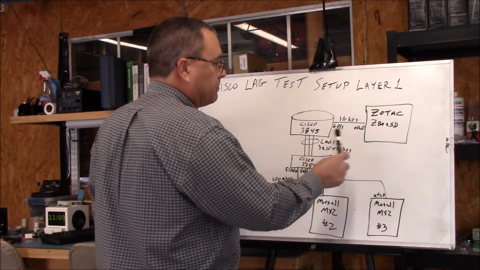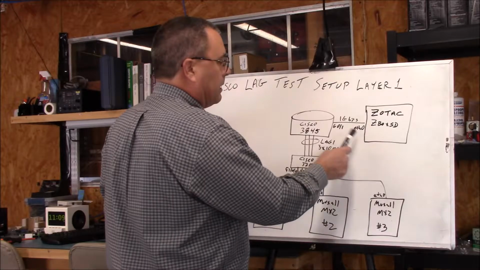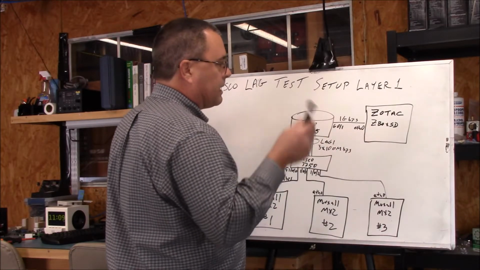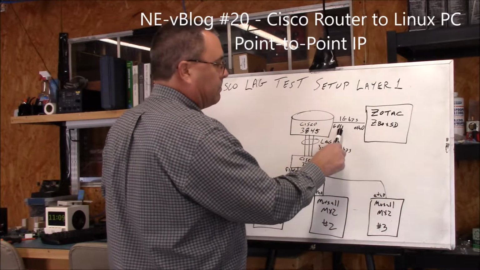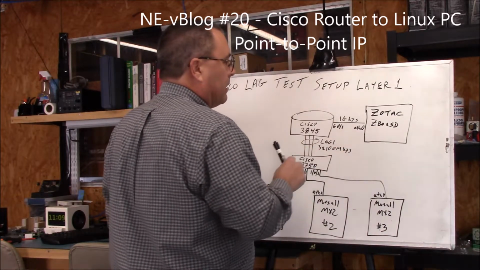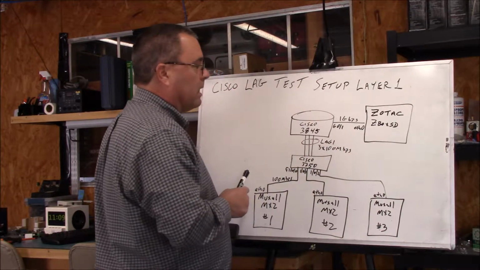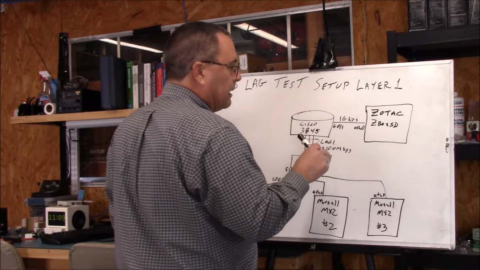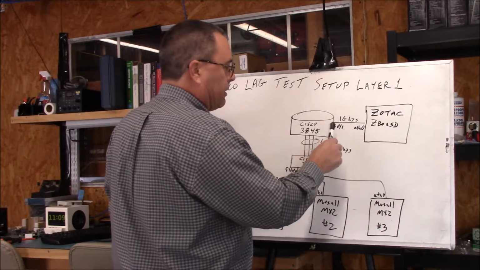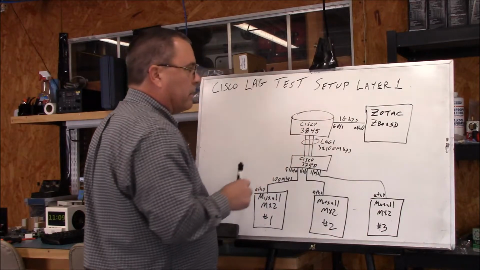And then the last layer 1 device we've got here, and there's actually another video setting this up, is the Zotac ZBox SD, and it's on a 1 gig pipe hanging off the 3845 router, and it's also going to be on ETH0, and it's on gig 0/1 on the 3845.